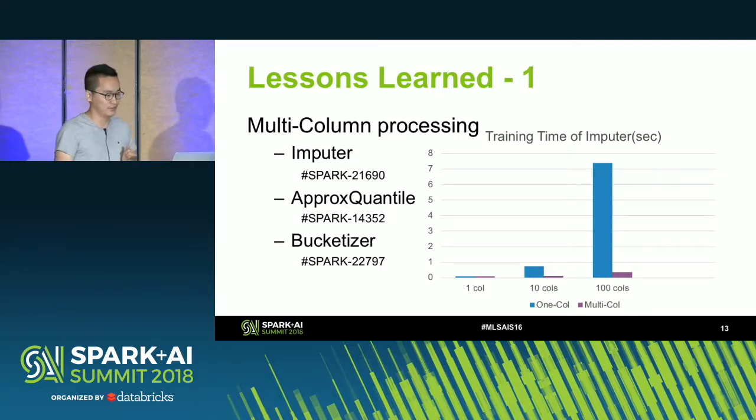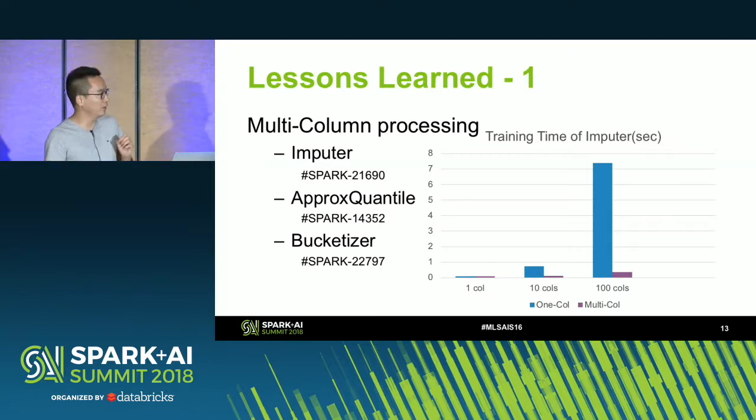But for a long time, MLlib only supported applying feature transformers on one column each time. It means if you want to transform maybe 10 columns, you need to do it one by one in serialized mode. So this may be time-consuming and waste resources.